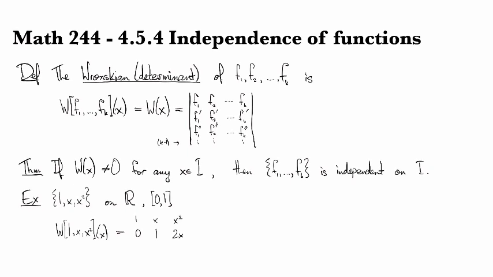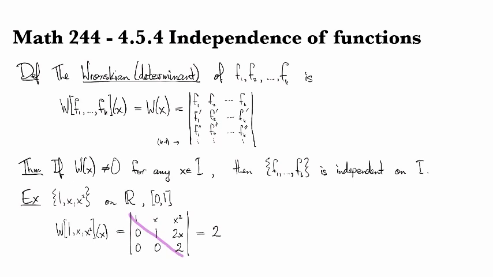So differentiating gives me 0, differentiating 1 gives me 0, differentiating 2x gives me 2. This happens to be an upper triangular matrix, so I immediately see that the determinant is just the product of the diagonal entries. And so 2. This looks like a number, but it's secretly a function. That's the constant function 2.